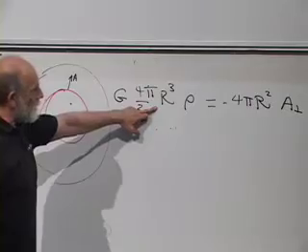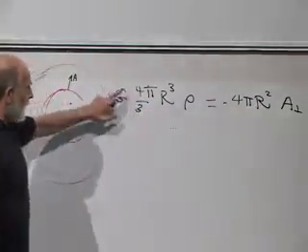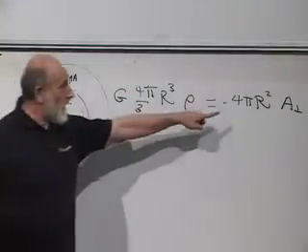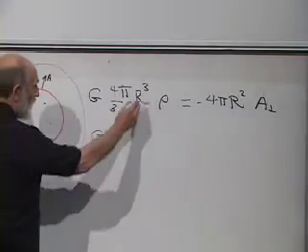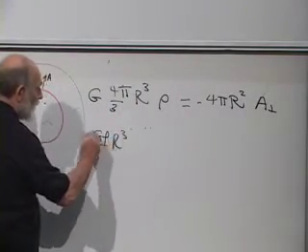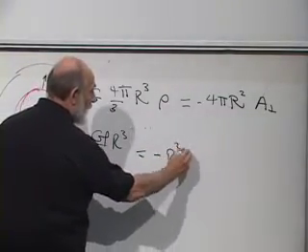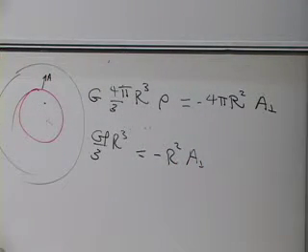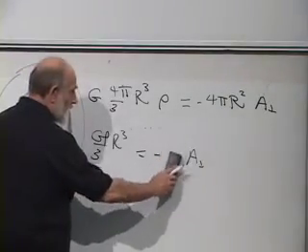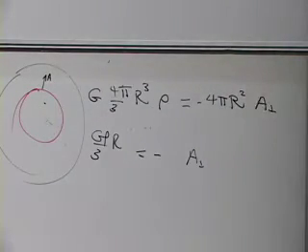So we have on the left side something like r cubed, and on the right-hand side, r squared. I can cancel the 4 pi. I get g over 3 r cubed rho is equal to minus r squared A perpendicular. Now divide by r squared, which leaves one power of r. So the gravitational field is linear, just like a spring.